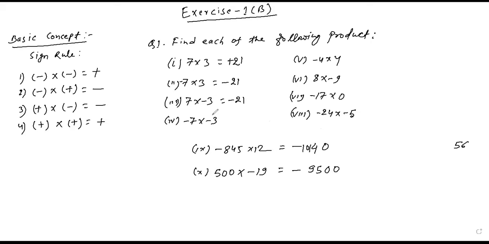Now solve the remaining questions and tell the answers. For this, minus 20. Plus 20. Plus 21. And for this, minus 16. This, minus 72. This, 0. Remember one thing: if 0 is multiplied with any number, any integer, the result will always be 0.